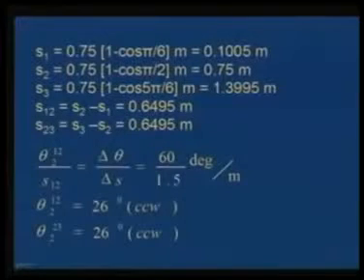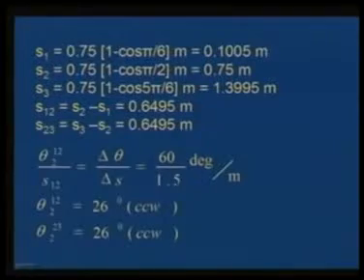So in the first stage of the synthesis, the problem boils down to designing a slider crank O2AB such that the sliding movement at the slider positioned at B is coordinated with the rotation of the crank O2A according to this relation. That 26 degree counterclockwise rotation of the crank should produce 0.6495 meter vertical travel of the slider.